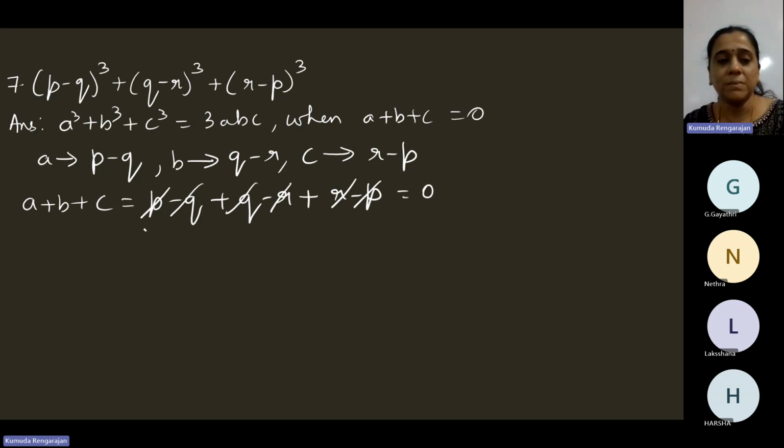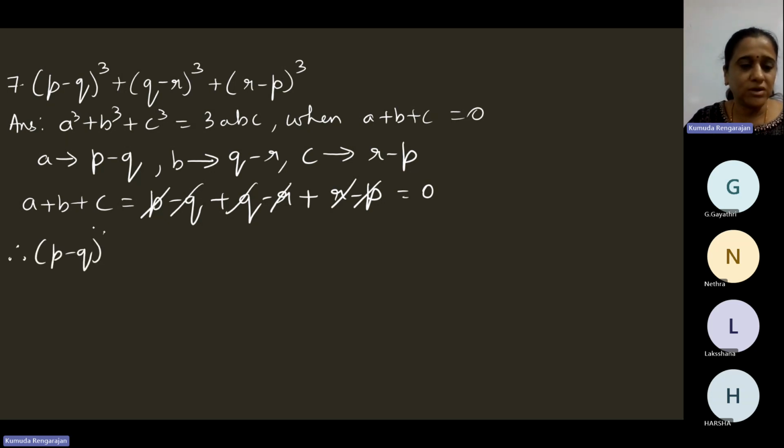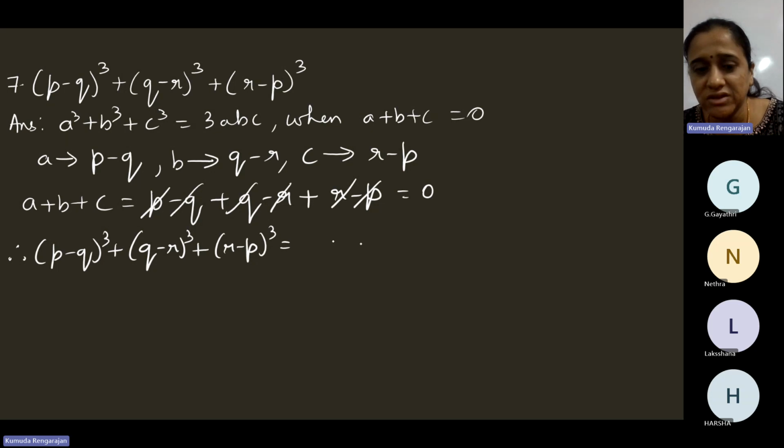Yes, it is 0. Therefore A cube plus B cube plus C cube is 3ABC. Therefore, P minus Q the whole cube plus Q minus R the whole cube plus R minus P the whole cube is equal to 3ABC: 3 into A, this is A, into B, this is B, and into C, this is C.